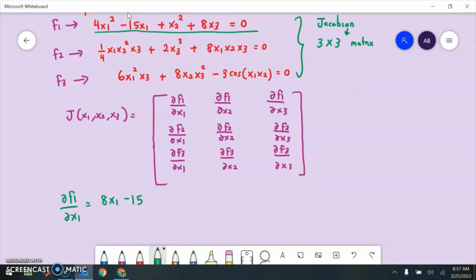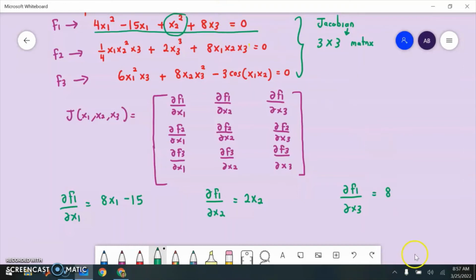Now function f1 with respect to x2. I have this term here, that will be 2x2. No more. Now function f1 with respect to x3. Taking the derivative of 8x3 with respect to x3 will give me 8.